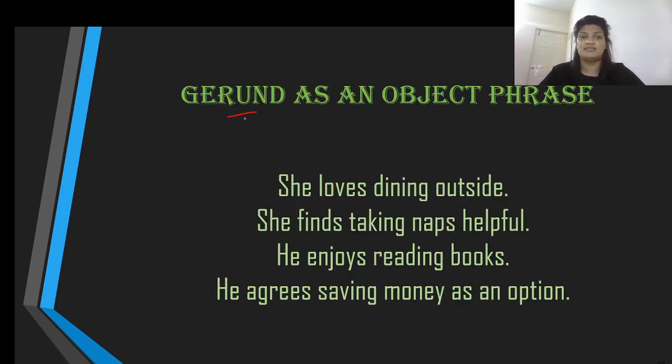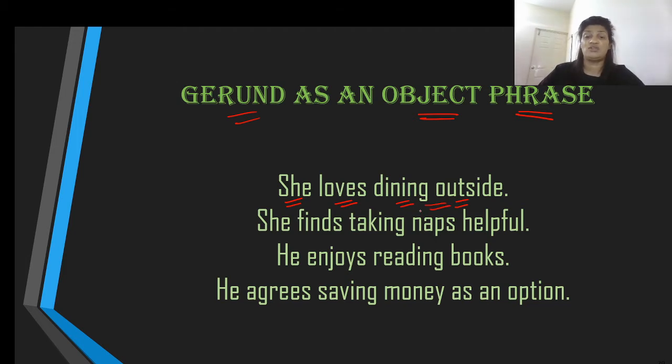Next is gerund as an object phrase. Remember, a little while ago we learned about subject phrase. Similarly, we are now learning about object phrase, where an ing verb is functioning like a gerund and it is a phrase as well. She loves dining outside. What does she love?